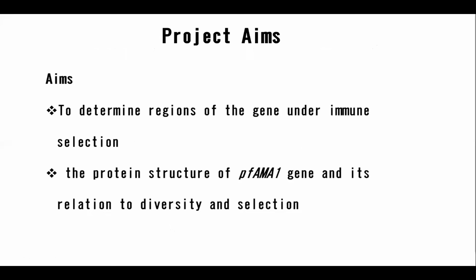So this project is an extension of my PhD work, where we did sequence the apical membrane protein. And a little background into that: the apical membrane protein is a transmembrane protein that is released onto the surface of the merozoite during invasion of merozoites into erythrocytes, that's the RBCs.